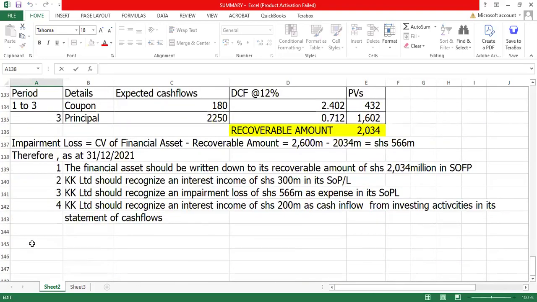Let's say we are reporting on 31st December 2022. What can be done?